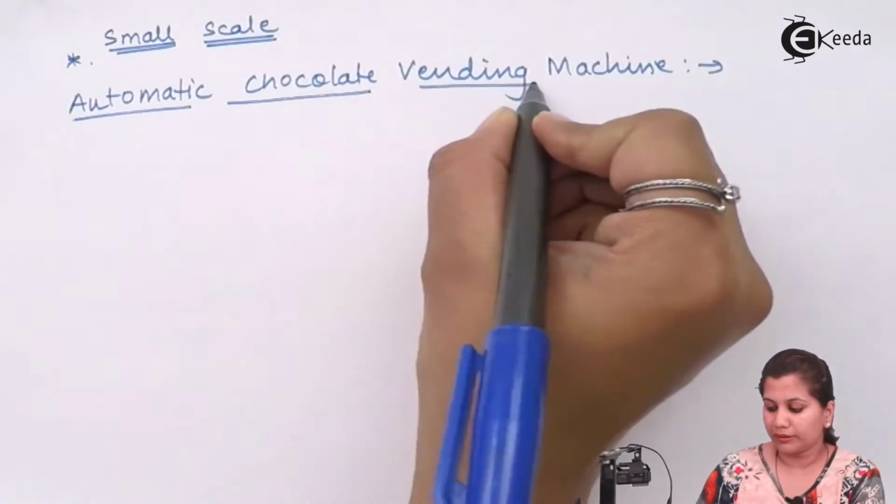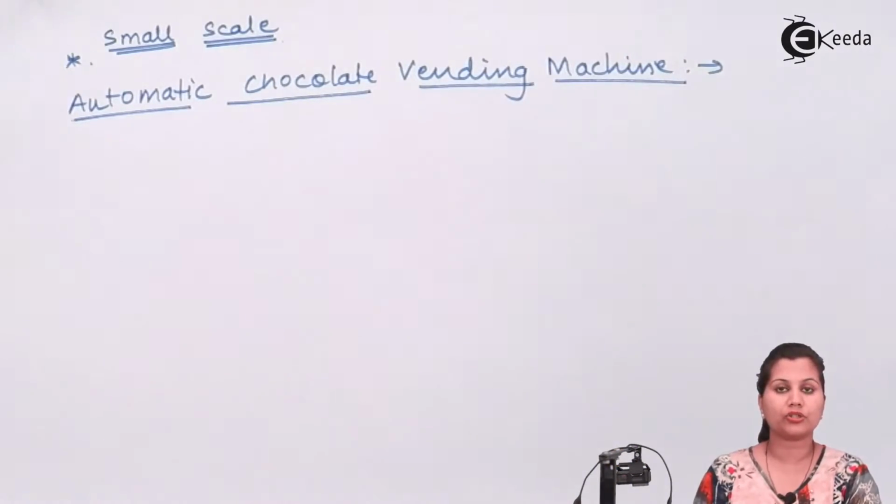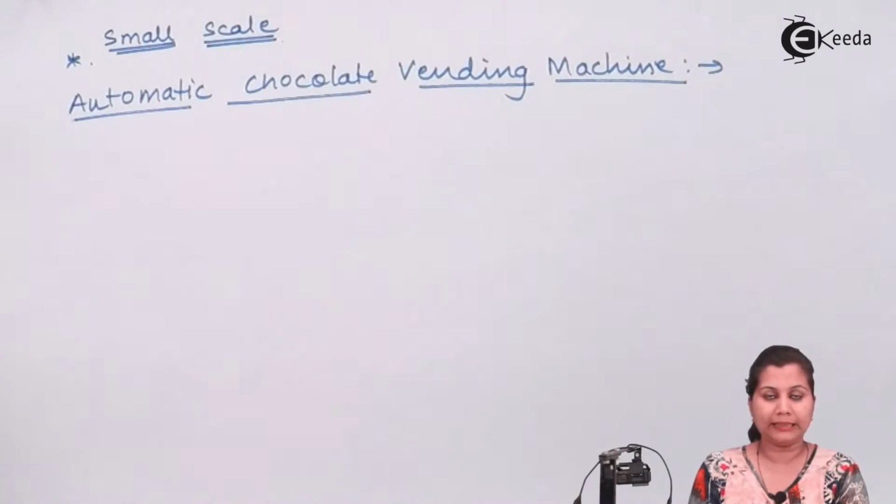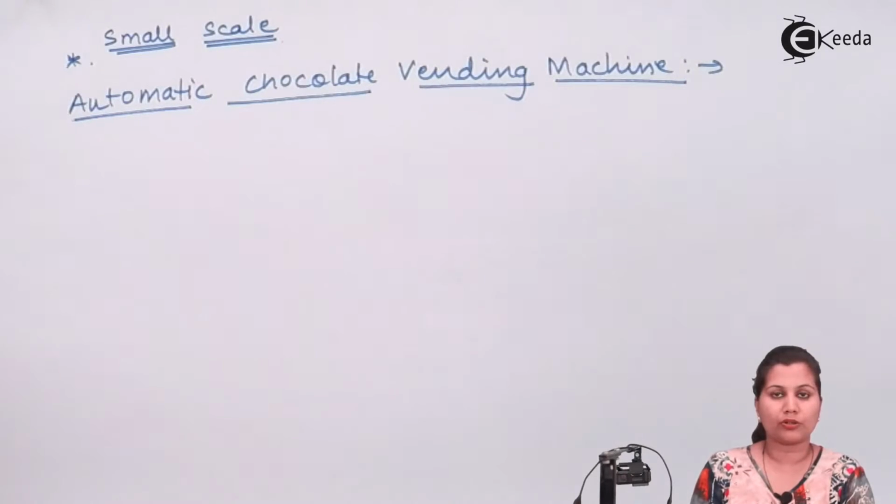The automatic chocolate vending machine is a system which gives chocolates automatically. The customer pays the money, then the machine, according to the requirement of the customer, returns the chocolates. And if some refund of the money is to be done, then cash is also returned.